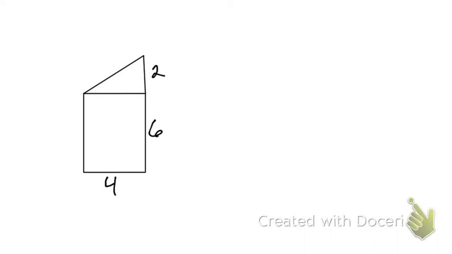Well, I would do my 4 times 6 to get the box, and then I would do 2 times 4, but this is half of that rectangle. That is half of this rectangle here. So that's why the formula for our triangle is 2 times 4 divided by 2, because I'm cutting in half.